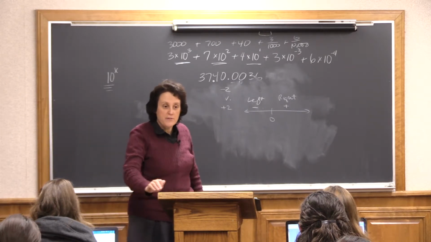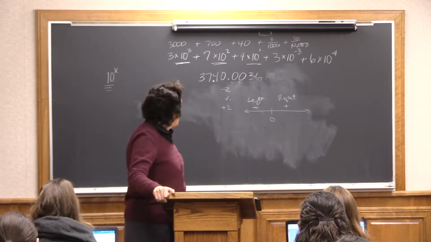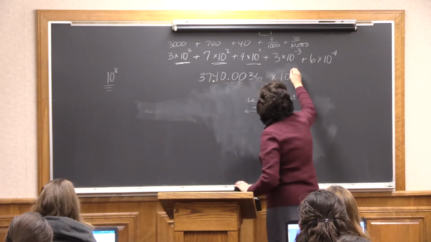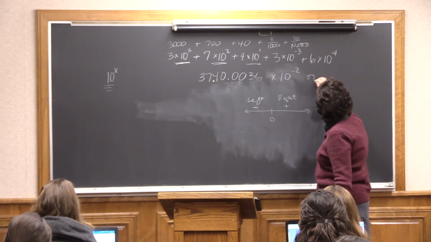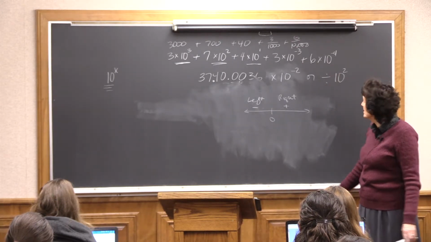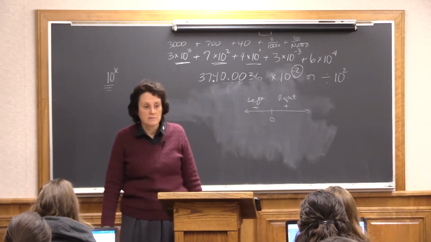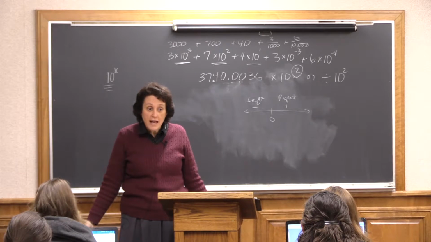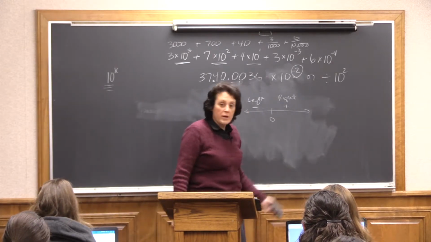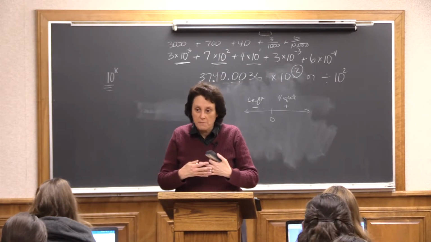There's never going to be any contradictions in how math is set up. So when I multiply by 10 to the -2, or I divide by 10 squared, that's the same operation. Which way is this telling me to move the decimal point? Left. Negative is always left. Positive is always right. All of these things in mathematics all work together.